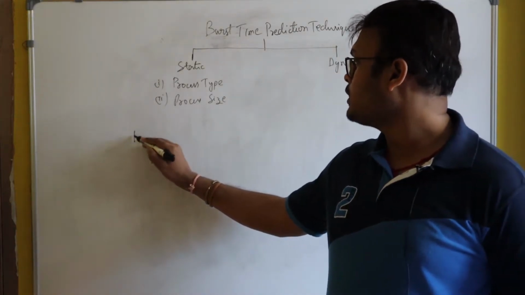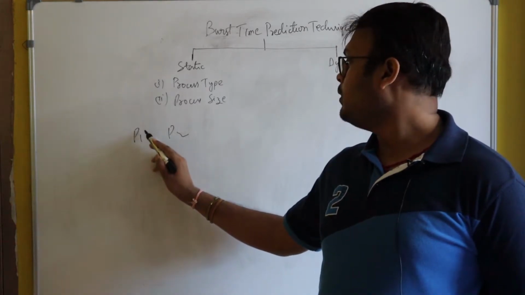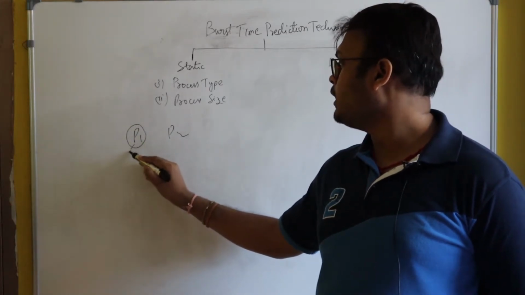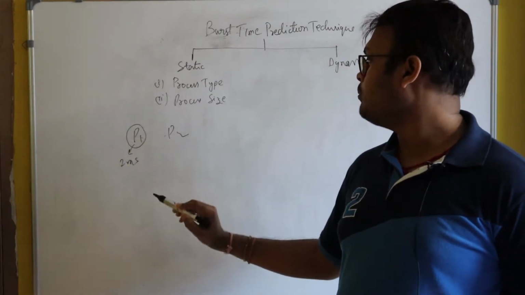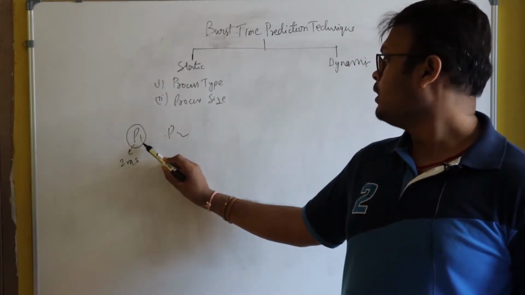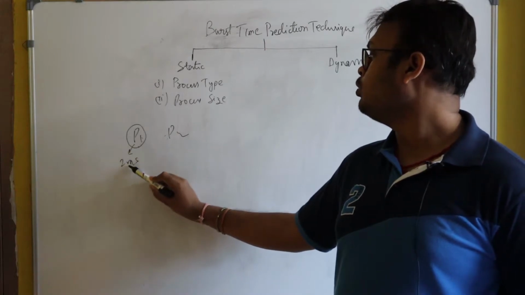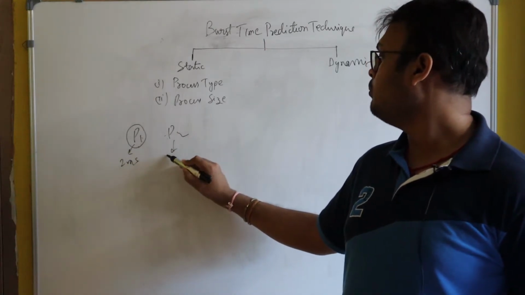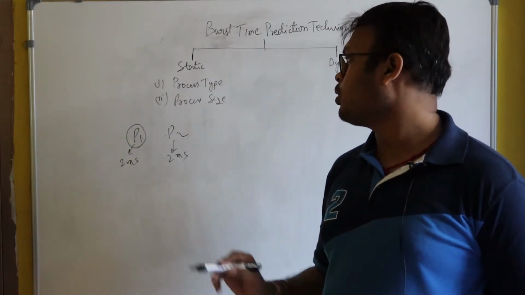Suppose there are two processes, P1 and P2, both of the same type, but P1 has already run previously and it took 2 milliseconds. So for P2 we can predict the burst time: P1 has the same type as P2 and P1 took 2 milliseconds, so definitely P2 may take 2 milliseconds. So that's process type.